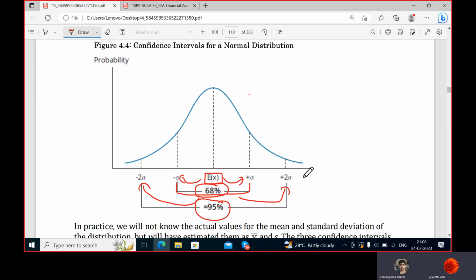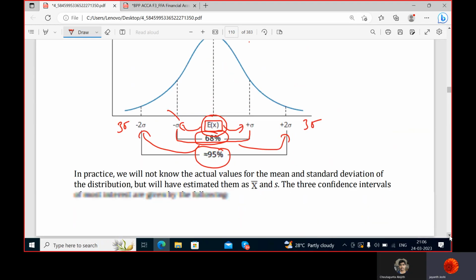And when you are three standard deviations away from the mean, almost the entire area you will be covering. That's what they are saying. And suppose this expected value or mean lies in this interval, correct? You're 95% confident.